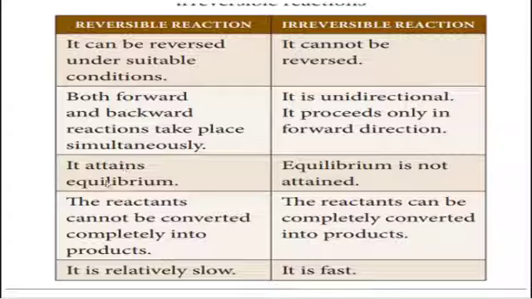A reversible reaction attains equilibrium; equilibrium is not attained in an irreversible reaction. In a reversible reaction, the reactants cannot be converted completely into products; in an irreversible reaction they can be. A reversible reaction is relatively slow; an irreversible reaction is fast. Thank you, students.